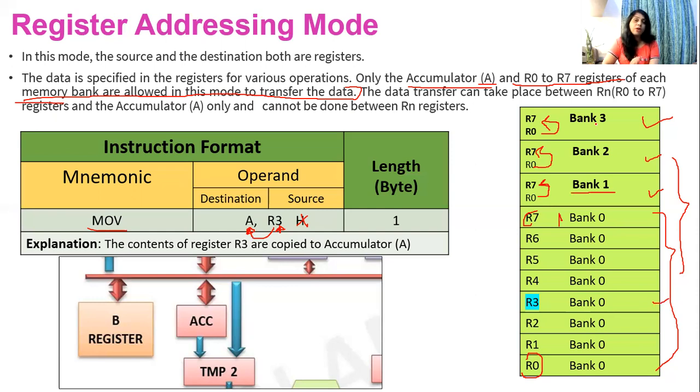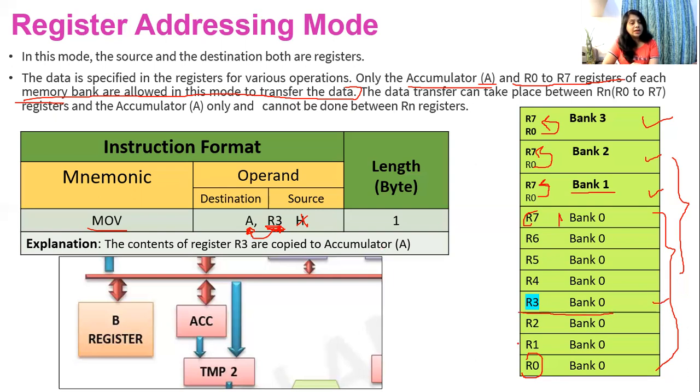We have also studied the processor status word of the 8051 microcontroller, in which there is a provision for selecting a register bank. Let's assume that by using the processor status word, we have already selected register bank 0. So when I write R3, it will automatically pick up R3 of register bank 0.